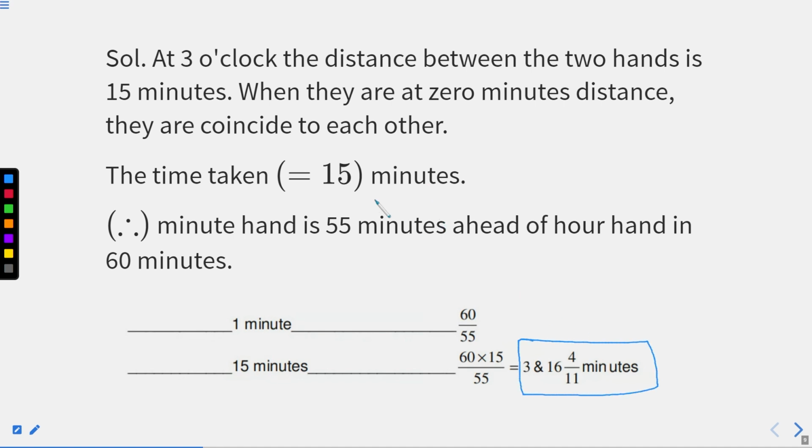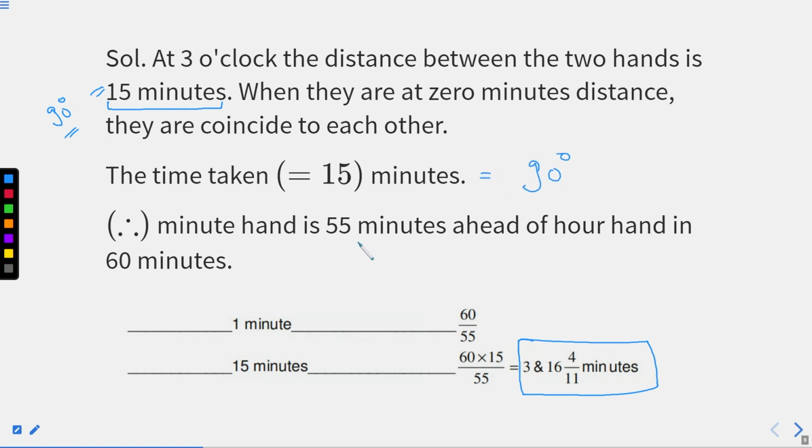So I'll rewrite this again for you. At 3 o'clock, the distance between both the hands is 15 minutes. 15 minutes means 90 degrees, right? You can write any one of them. When they are at 0 minute, the distance to coincide with each other will take 15 minutes. It means it will take 90 degrees.